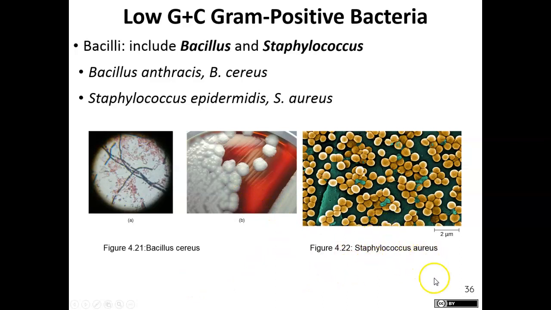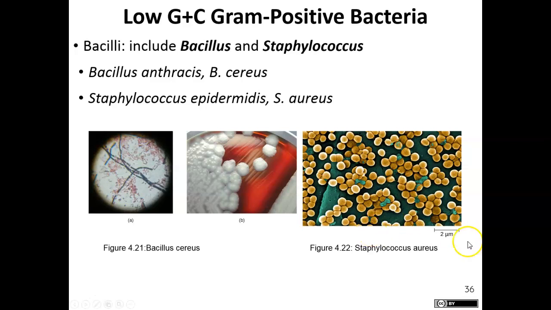And then Staphylococcus aureus, which is over here. You see Staphylococcus aureus grows in grape-like clusters. That's where it gets its name. And there are two major types of staphylococci. We have Staphylococcus epidermidis and Staphylococcus aureus.